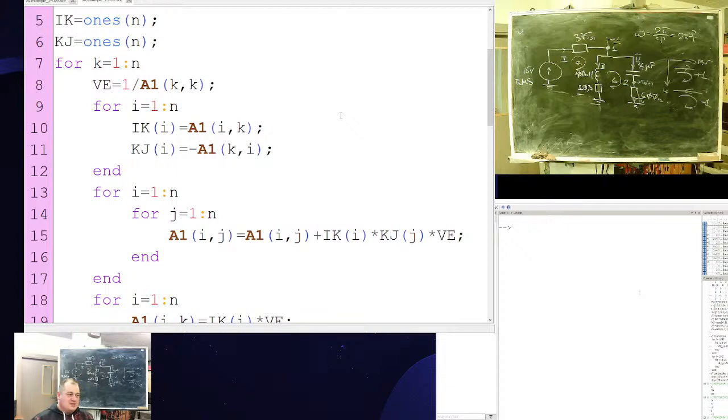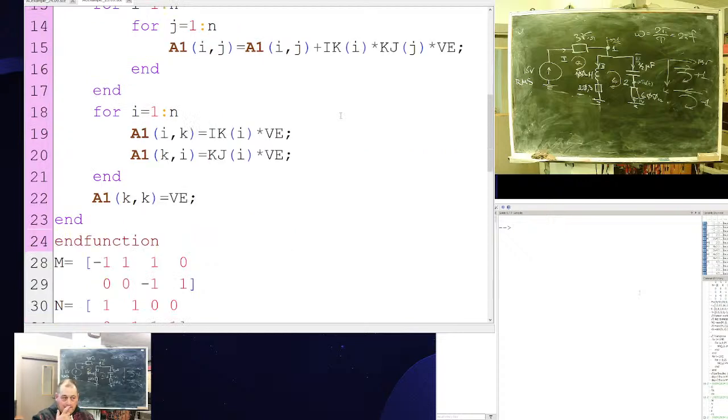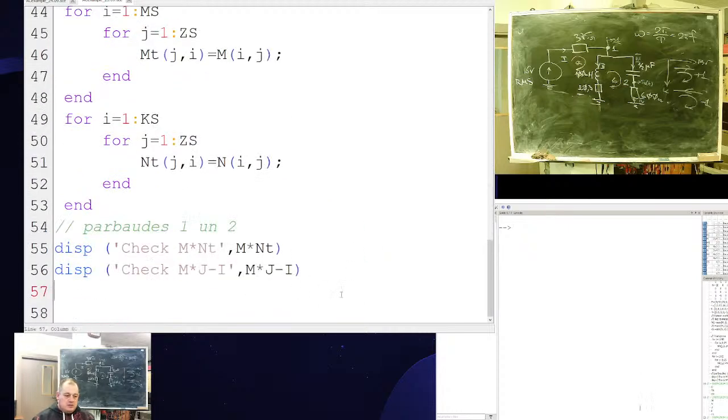There are many Jordans in history. This one dealt with mass. Also a famous figure. This one is a French version of Jordan. So that one will be Jordan inversion of the resistance matrix.